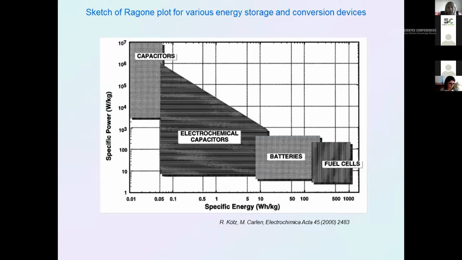Supercapacitors are electrochemical capacitors, and the main parameter for this device is specific power. As you can see from this Ragone plot, a supercapacitor has high power, but not so high energy in comparison to a battery.